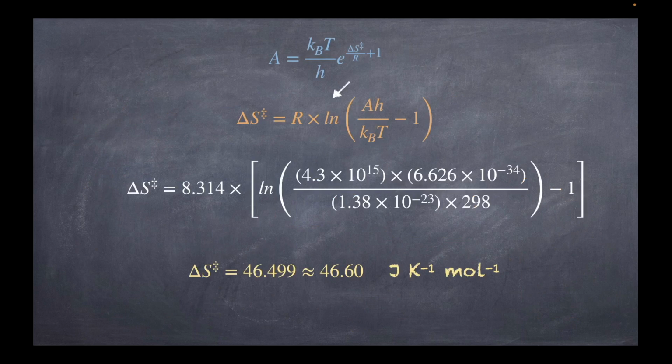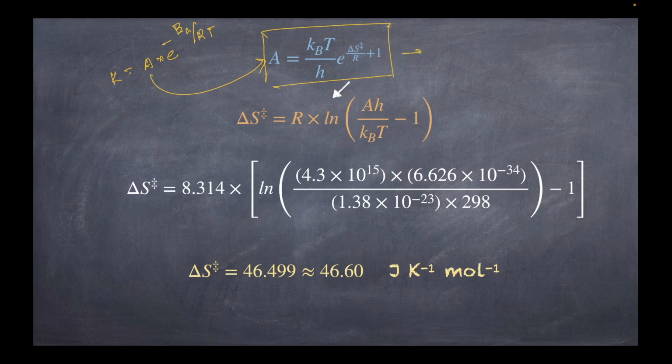So in the last slide we have seen K equals A times e to the power minus EA by RT, and the expression of A is this: kBT divided by h, e to the power minus delta S double dagger divided by R plus 1.